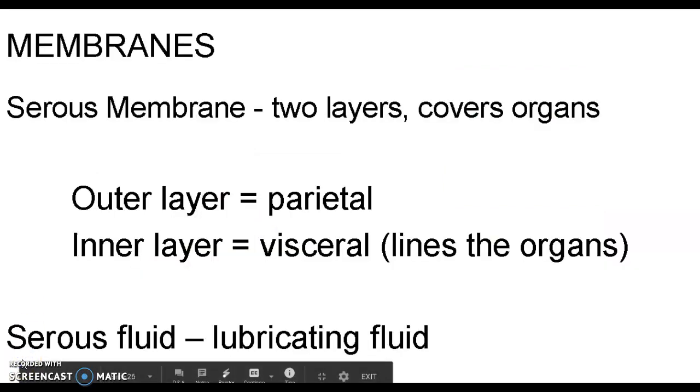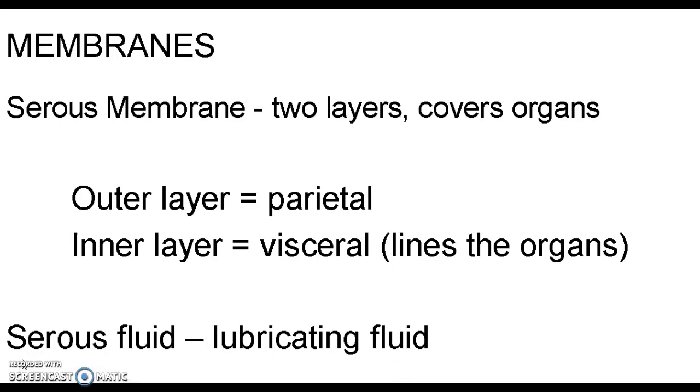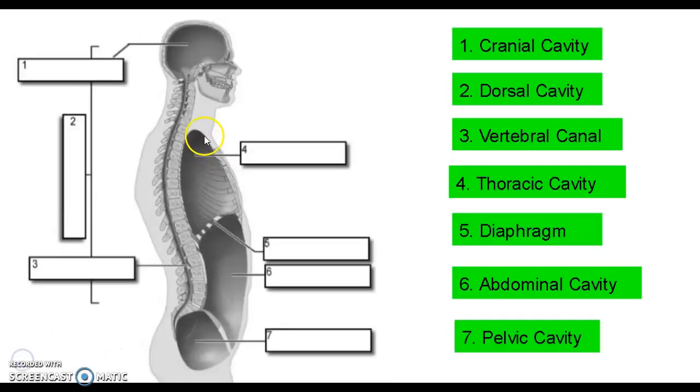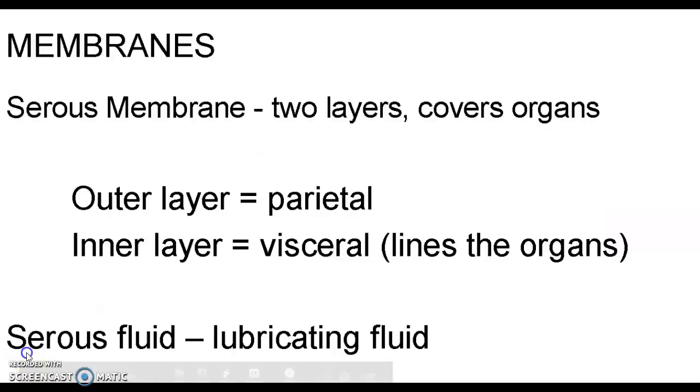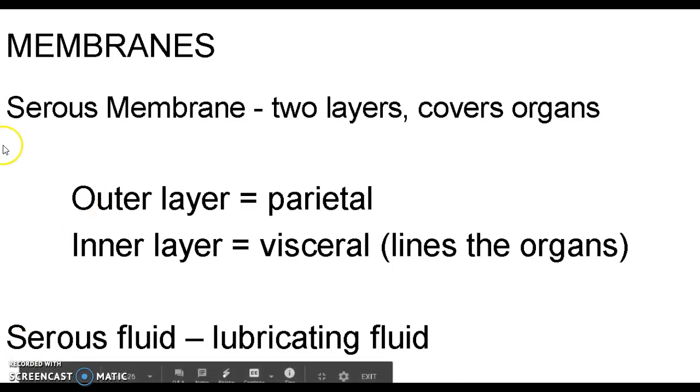So, as I mentioned earlier, your body wall, the outer part of your body cavity, so this area, the outline of each of these cavities, and around each organ, you have these membranes called serous membranes.